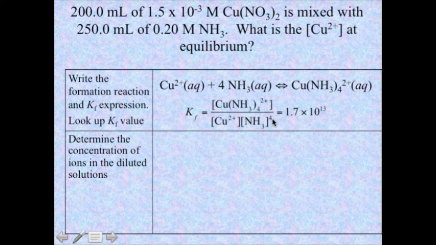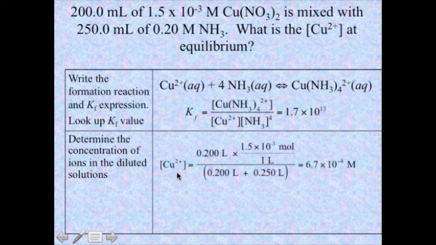Now we determine the concentration of ions in the diluted solution. Because we're mixing 2 solutions together, the molarity of both the copper and the ammonia is going to change. For the copper ion, we have 0.2 liters times 1.5 times 10 to the minus 3 moles per liter. So that will be moles of copper, and we divide that by the new total volume, which is going to be 0.45 liters.